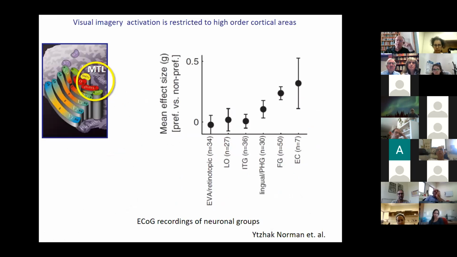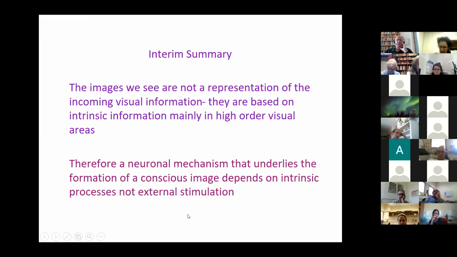And very importantly, if you compare contacts throughout the visual hierarchy, you find that this link between visual activation from outside and intrinsically generated imagery is mainly in high order visual areas in this region of the human visual system and does not involve early visual areas. So we really see that the information for generating perceptual images is not driven by input coming from outside, but is generated intrinsically in the high order visual areas.